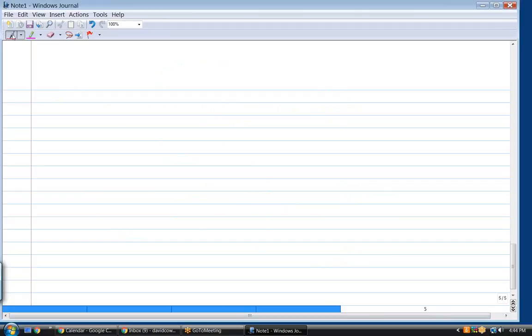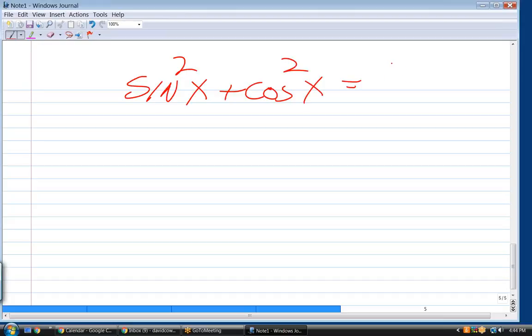And the other three most important ones are the Pythagorean identities, starting with this one. What's that equal to? Sine squared plus cosine squared equals what? 1. And what's the second identity?